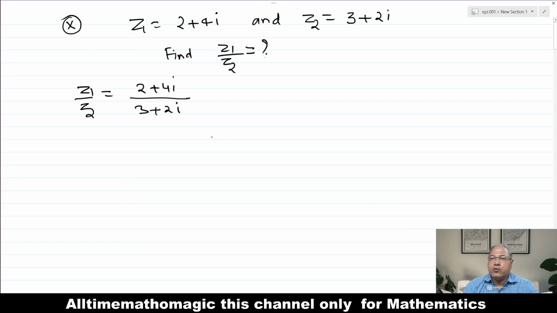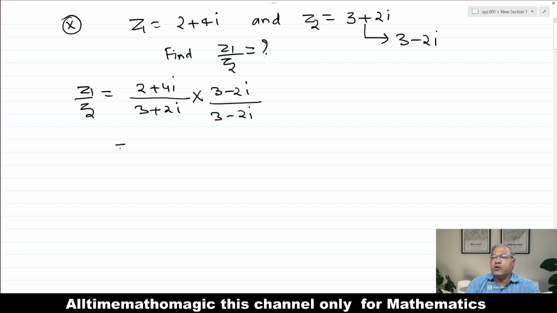Now, whenever you want to find the division of complex numbers, you have to multiply and divide by the complex conjugate of the denominator. So what is the complex conjugate of the denominator? The denominator is 3 plus 2i and its conjugate is 3 minus 2i. So we multiply and divide by its conjugate.